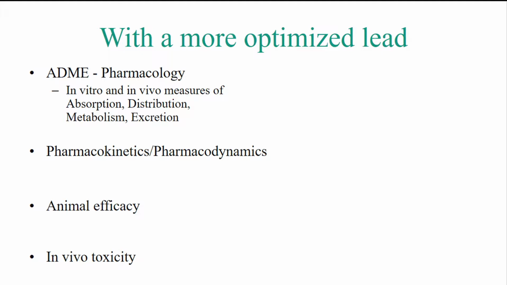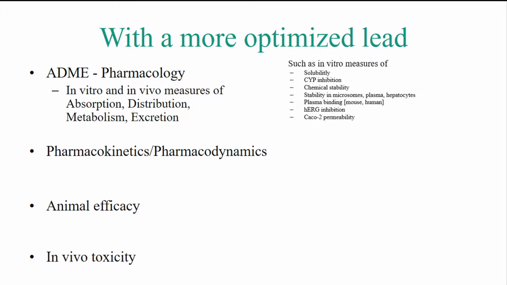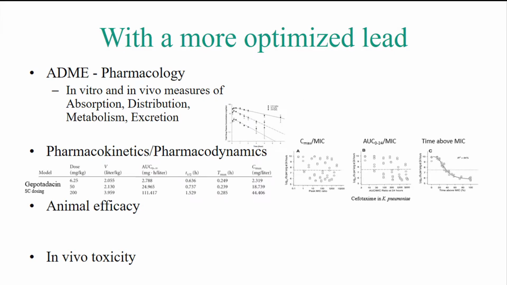So with a more optimized lead, and I'm not going to have time to go into any of these, but just to mention, you have ADME, the pharmacology: in vitro and in vivo measures of absorption, distribution, metabolism, and excretion. Some of the in vitro ones are solubility, stability, hERG inhibition, a variety of tests that are done standardly. You also look at pharmacokinetics and pharmacodynamics.